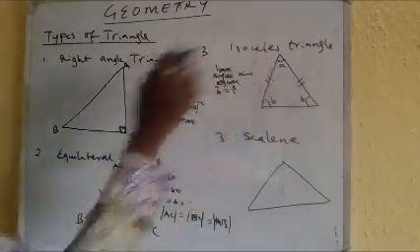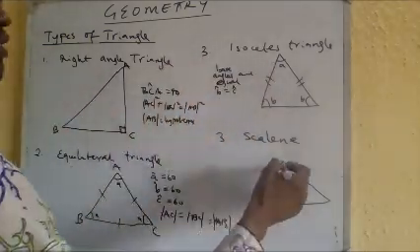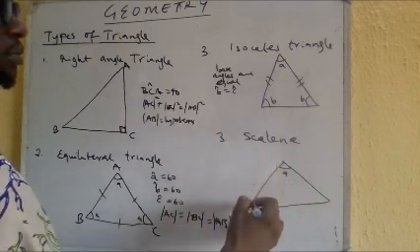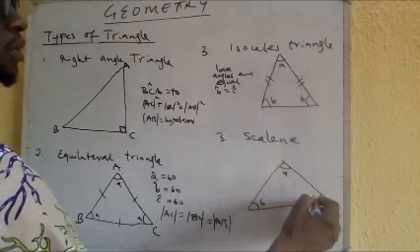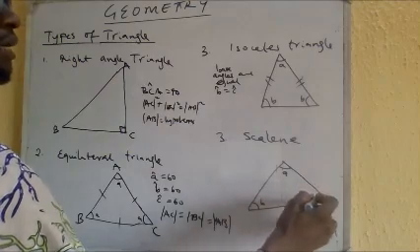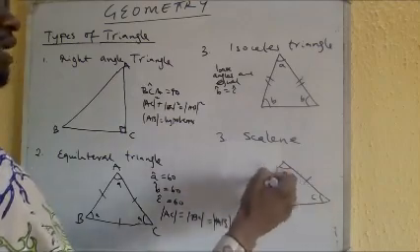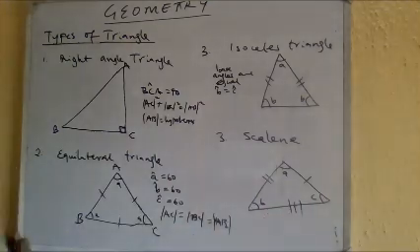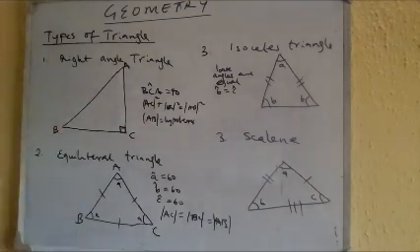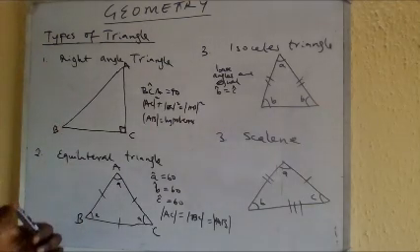For a scalene triangle, the angles are not the same. At the same time, the lines are not the same. So this is scalene. But generally for triangles, the summation of the interior angles in a triangle will give us 180.